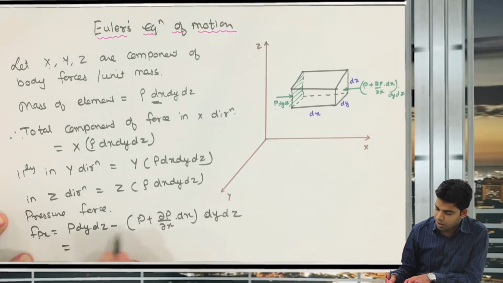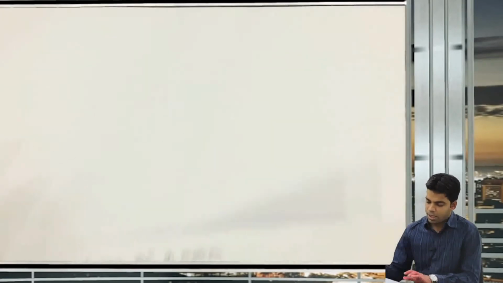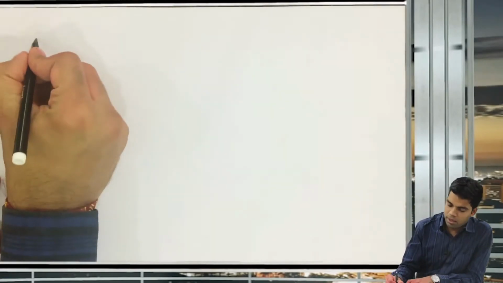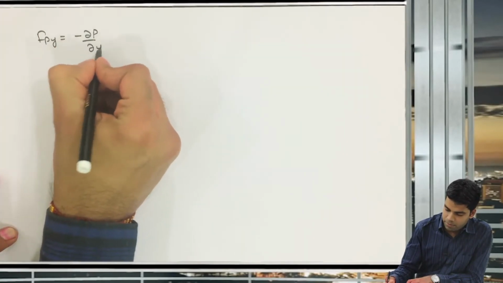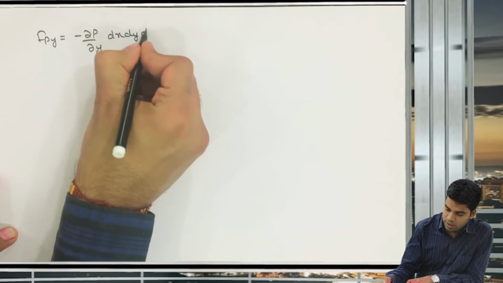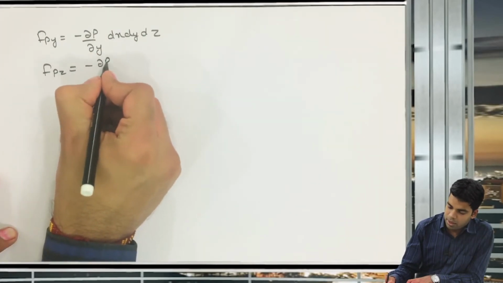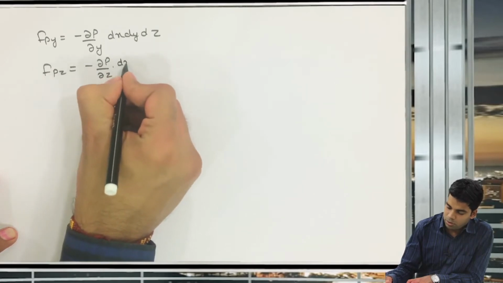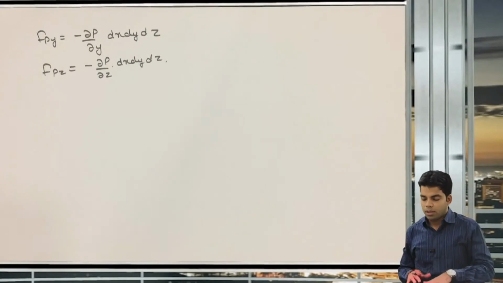The P dy dz gets cancelled out and we get minus del P by del x into dx dy dz. This is the net pressure force in the x direction. Similarly, Fpy is minus del P by del y dx dy dz, and in the z direction minus del P by del z into dx dy dz. Getting this?